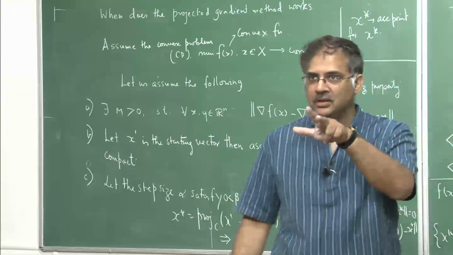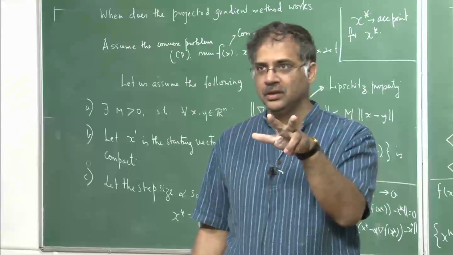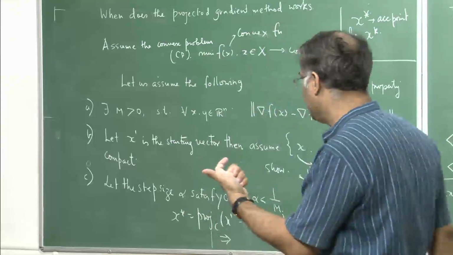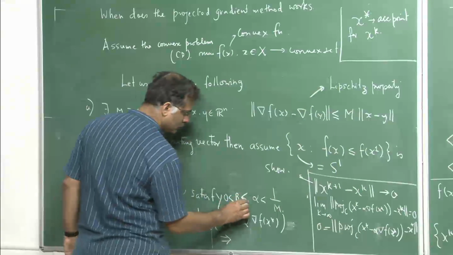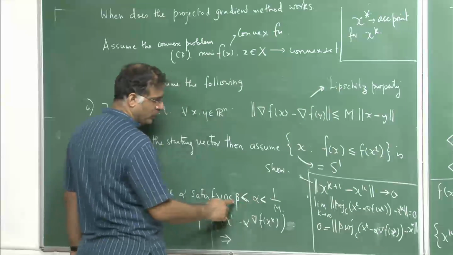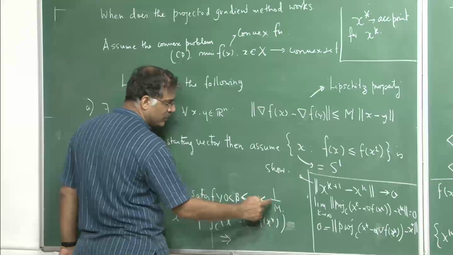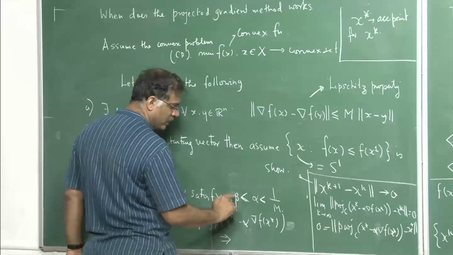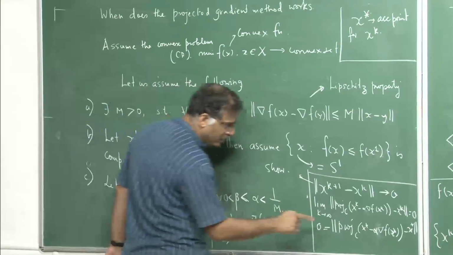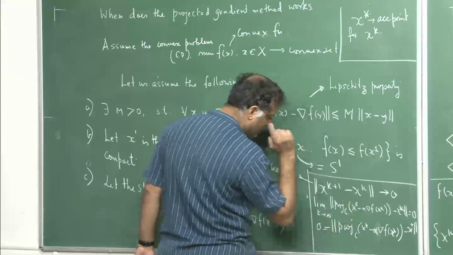So, its limit cannot go beyond these two positive quantities. The limit has to be in the closed interval beta and 1 by m, and then you can push that and put an alpha star here.